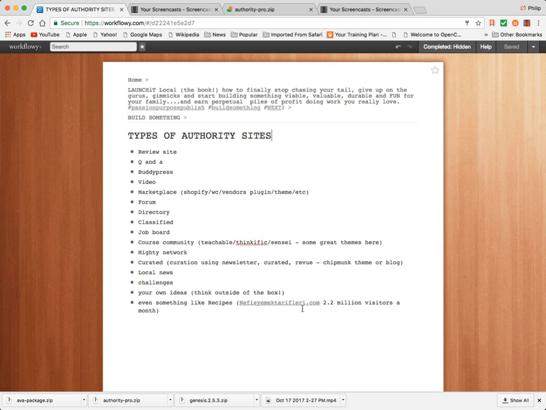So here's an example of a BuddyPress site that is also using user-generated content and is in Turkey, and it is a Turkish recipe site that, from the last I looked, was getting 2.2 million visitors a month. I believe it's one of the largest BuddyPress, if not the largest, social network running BuddyPress in the world, from my understanding. I could be wrong. But they're killing it.